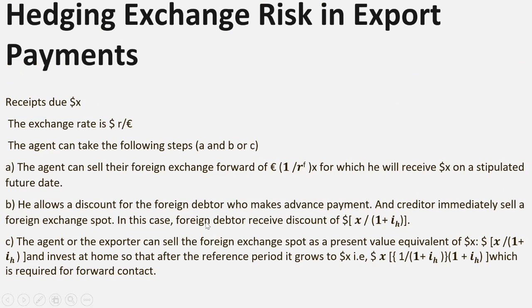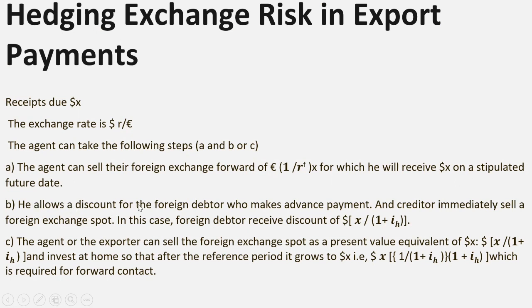Now, hedging exchange risk in the case of export payments. Suppose receipts due $X. The exchange rate is $R divided by euro. The agent can take the following steps. The agent can sell their foreign exchange forward of euro 1 plus RF into X, for which he will receive $X on a stipulated future date.